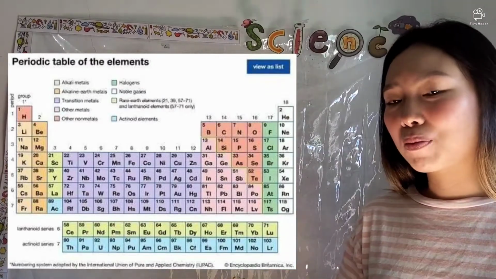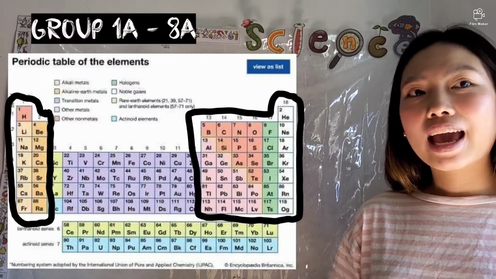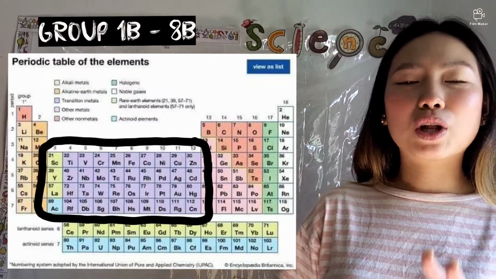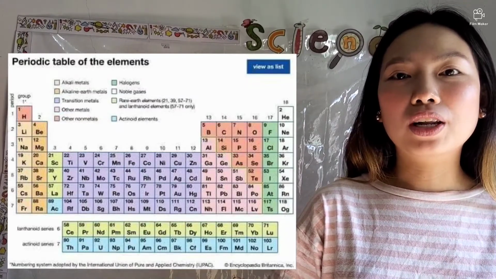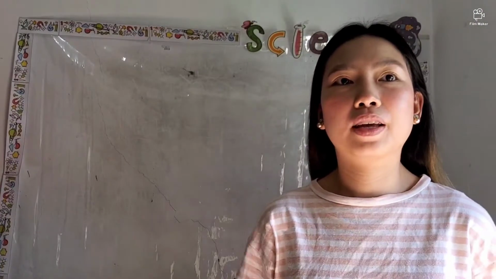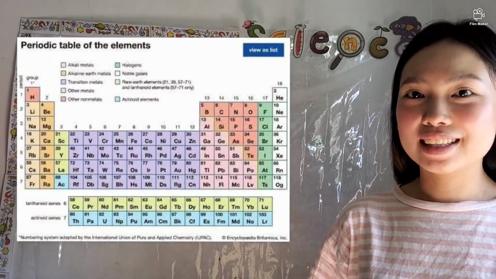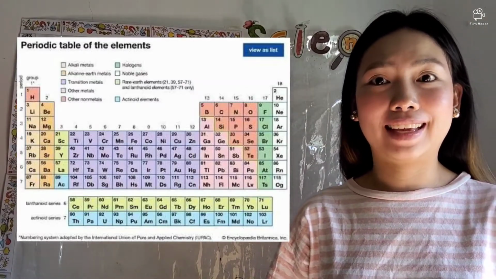Now, in the periodic table, we have 1 to 8A and 1 to 8B. So, we have two groups or families in the periodic table, A and B. In the periodic table, all the tall columns are the 1 to 8A.